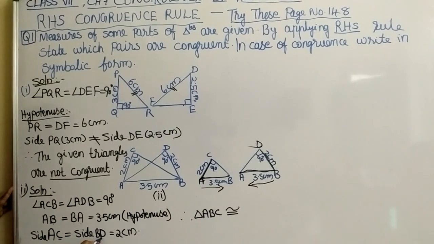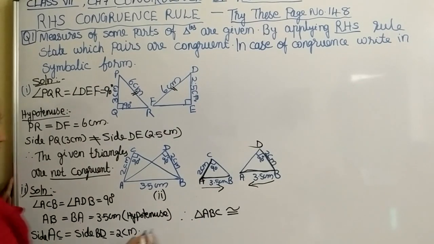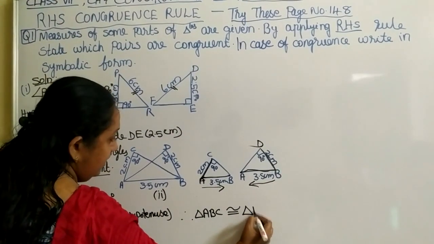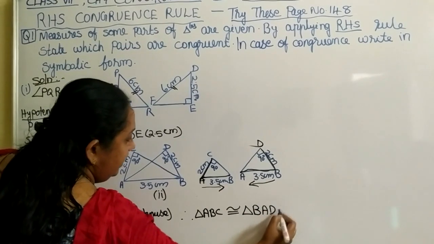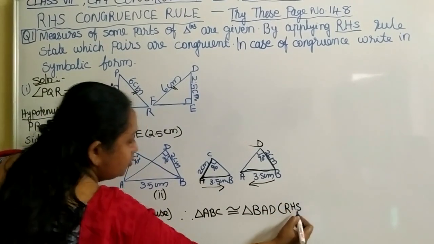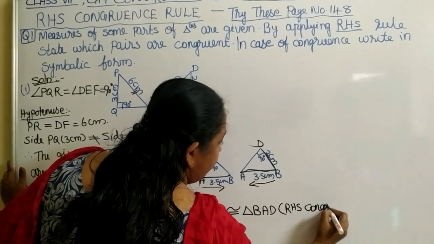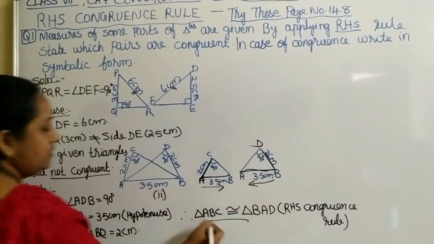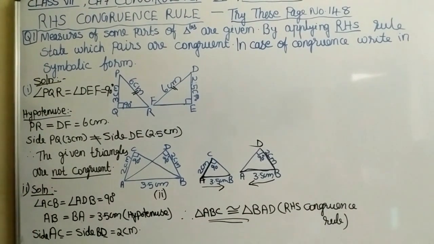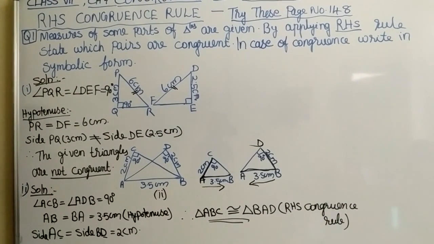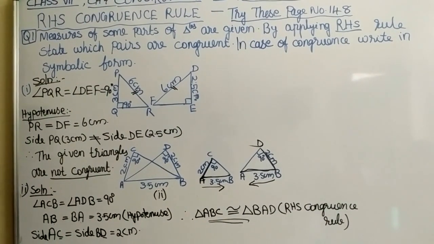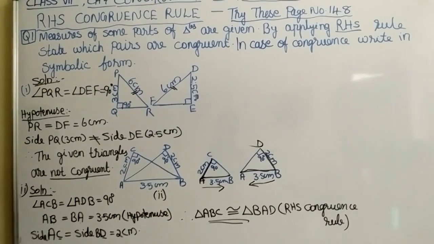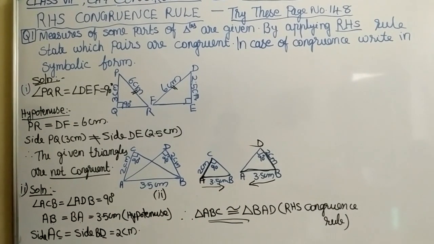Vertex C corresponds to D. So we can write triangle ABC congruent to triangle BAD by RHS congruence rule. So we got the correspondent congruence between two triangles, triangle ABC congruent to triangle BAD.